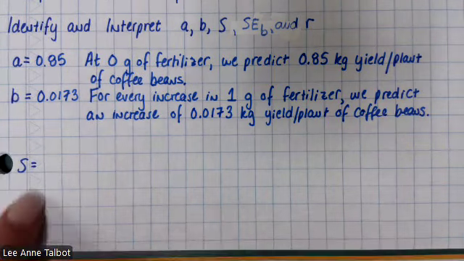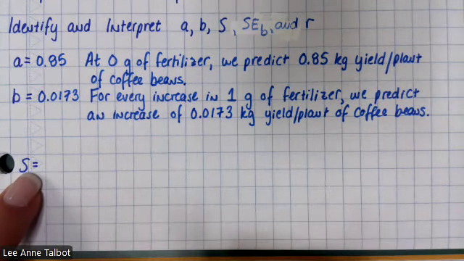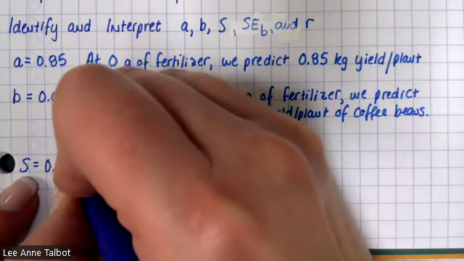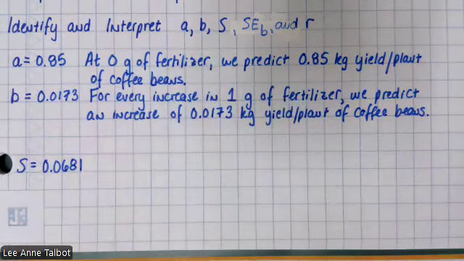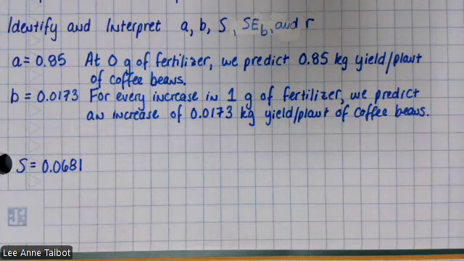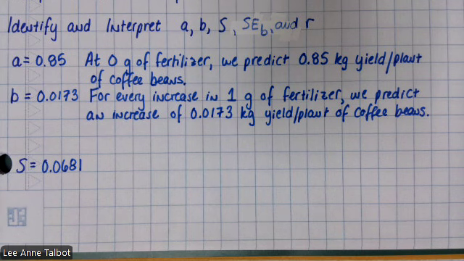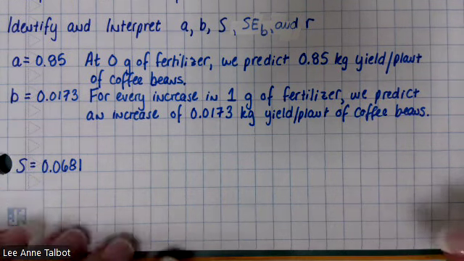What is s from the other page? Does anybody remember what s is from chapter 3? A standard deviation of the residuals, meaning the distance from the residuals, the length of the residuals, basically.